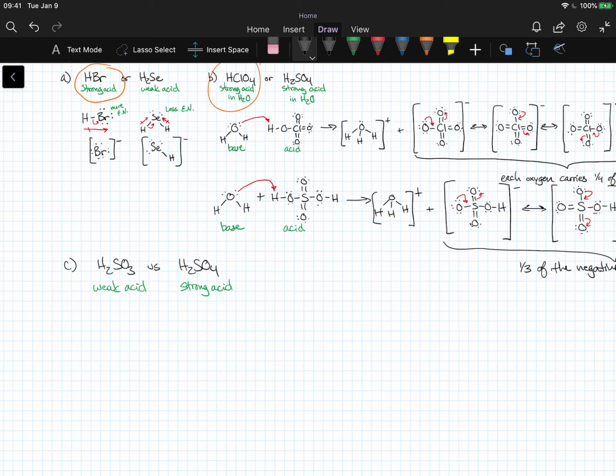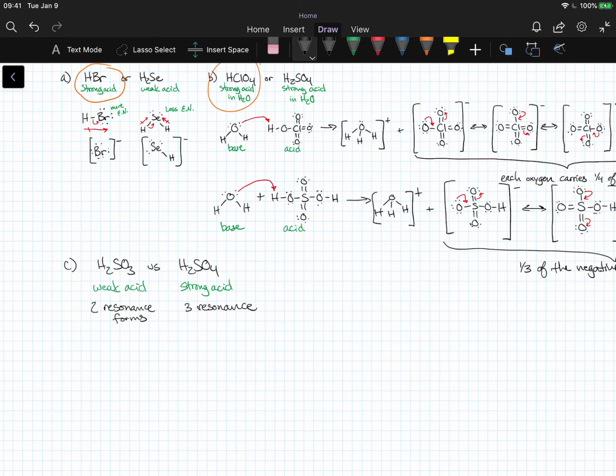And of course my notes has frozen. There we go. And skipping a couple steps, using the same kind of process we just used, we would only be able to draw 2 resonance forms, whereas with the sulfuric acid, we could draw 3 resonance forms.